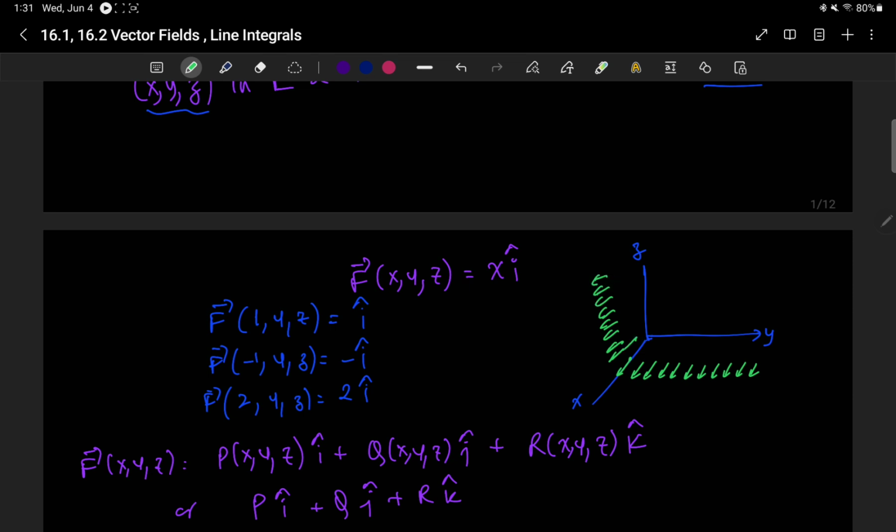In fact, nothing changes in this whole z plane. So x equals 1, wherever we have this plane, we're just going to have an arrow of length 1, all over x equals 1. These are all going to be the same.